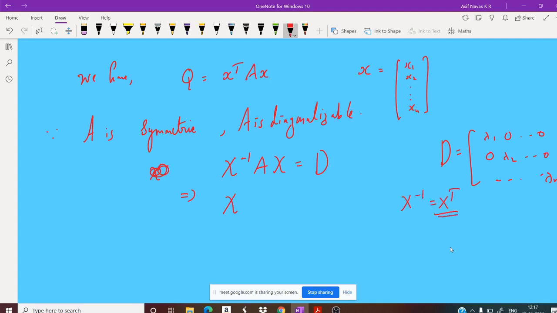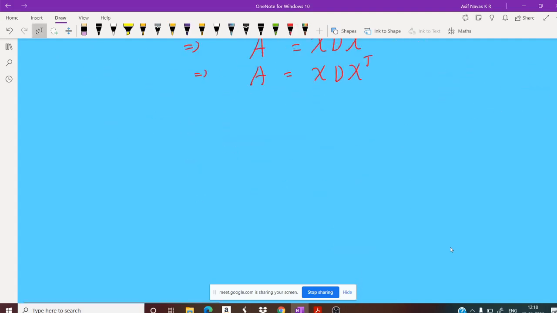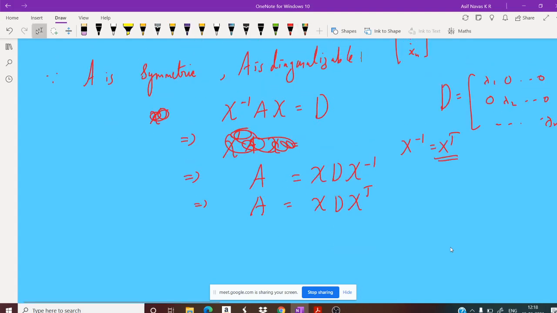So we can write A is equal to X D X inverse, which implies A is equal to X D X transpose, because X inverse is equal to X transpose.